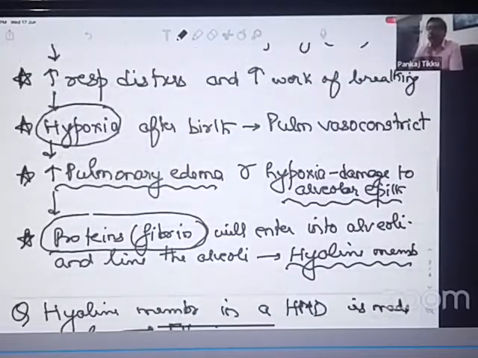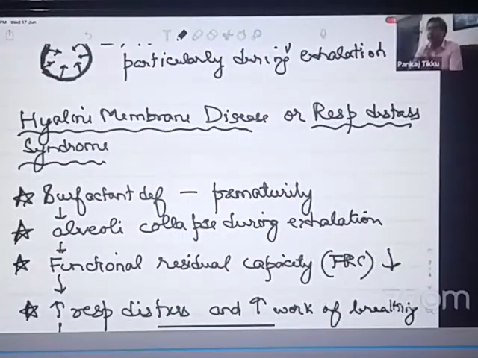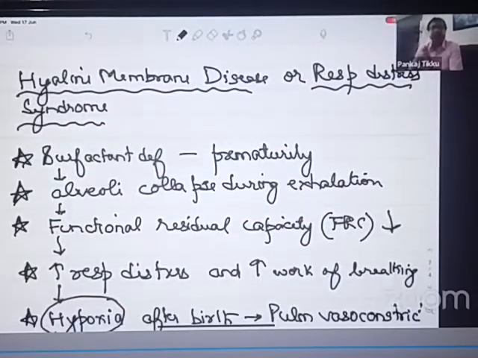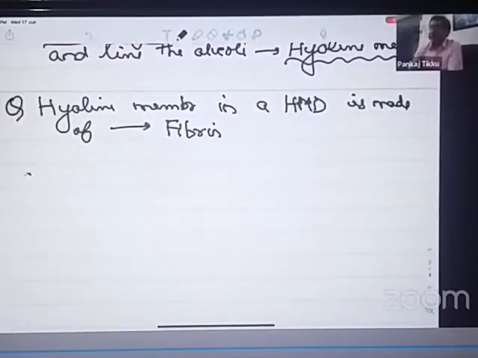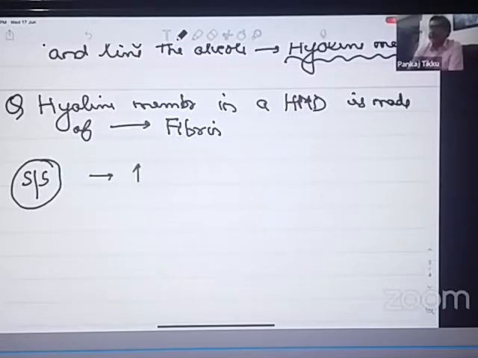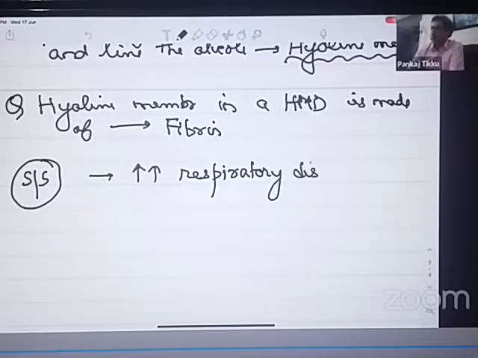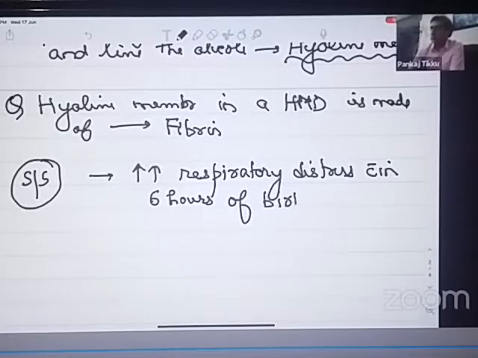Right, so I hope you have understood the whole process, how hyaline membrane disease or respiratory distress syndrome develops. So what are the signs and symptoms of this condition, HMD? The signs and symptoms will be increased respiratory distress, usually starting within 6 hours of birth, along with a sound which is known as grunting.